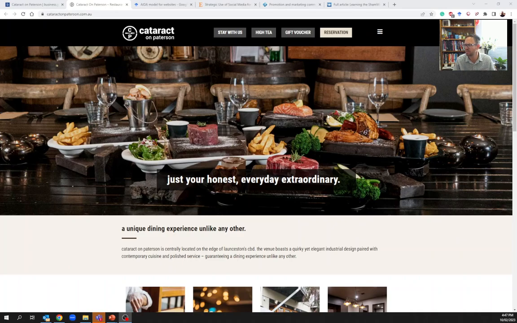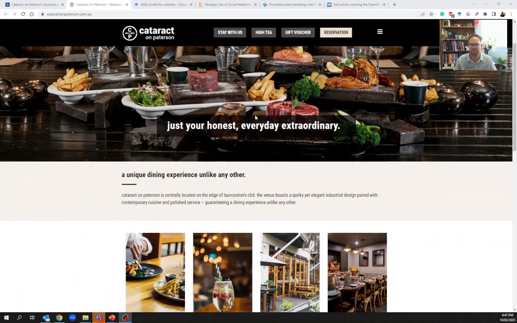What are you going to purchase? It's not like you're purchasing a steak online. There are gift vouchers, so that might be a secondary metric. But the key conversion metric for them would be bookings or lead generation, where you call them up and say, hello, can I make a booking? I've looked at your website.